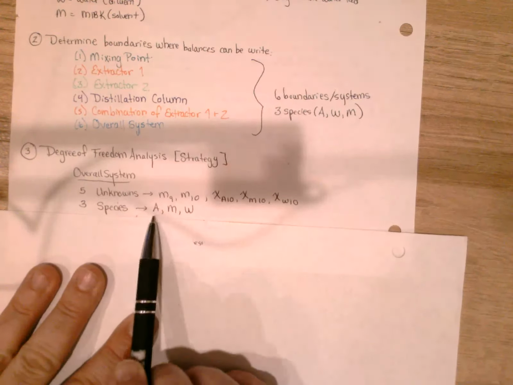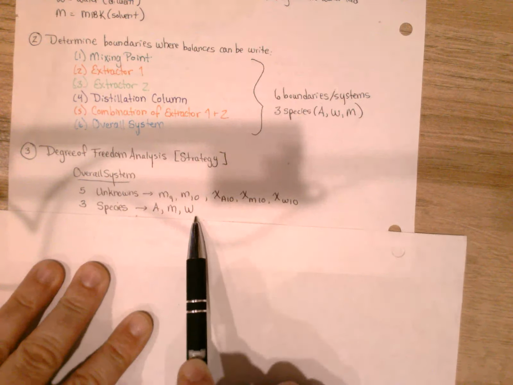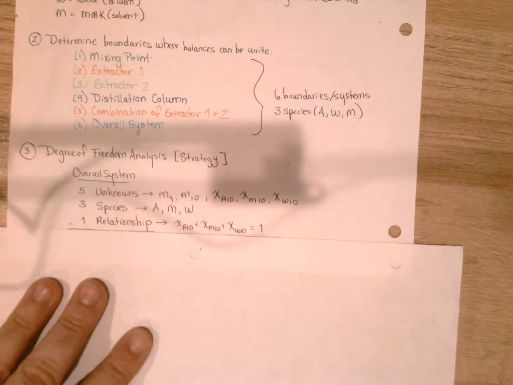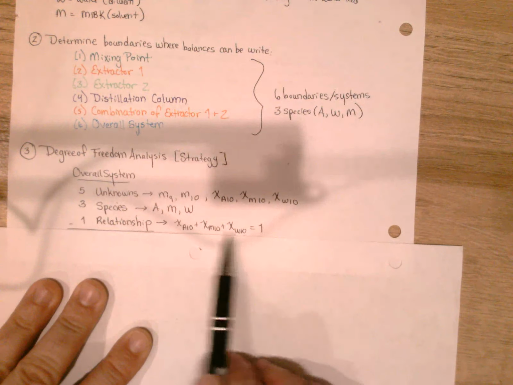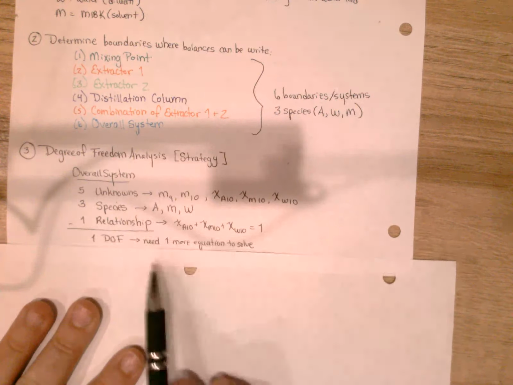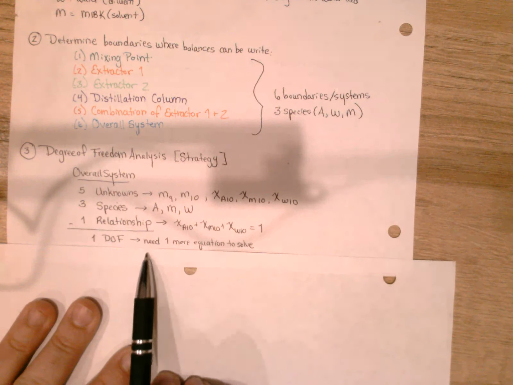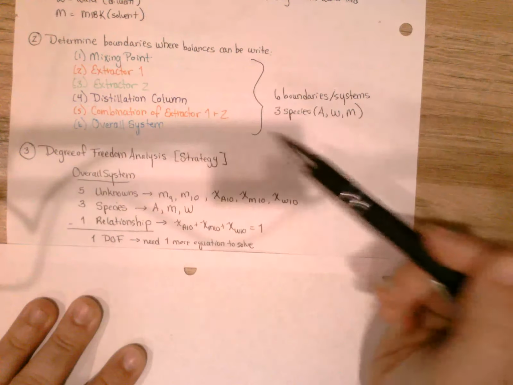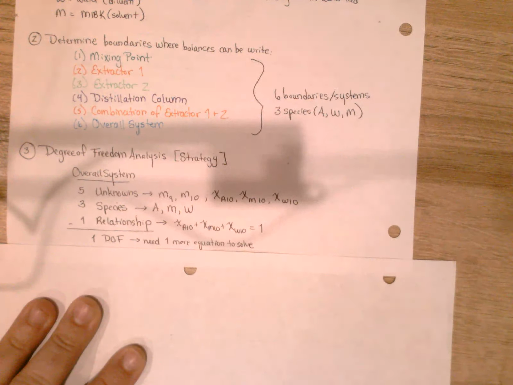We've got 3 species, A, M, and W, which means that we have 3 independent balances we can write. And then we have one relationship: we know that the sum of all those mass fractions equals 1. So that's going to give us 1 degree of freedom, which means that we actually need one more equation in order to solve the overall system. So right now, looking at the overall system boundary is not going to help us.